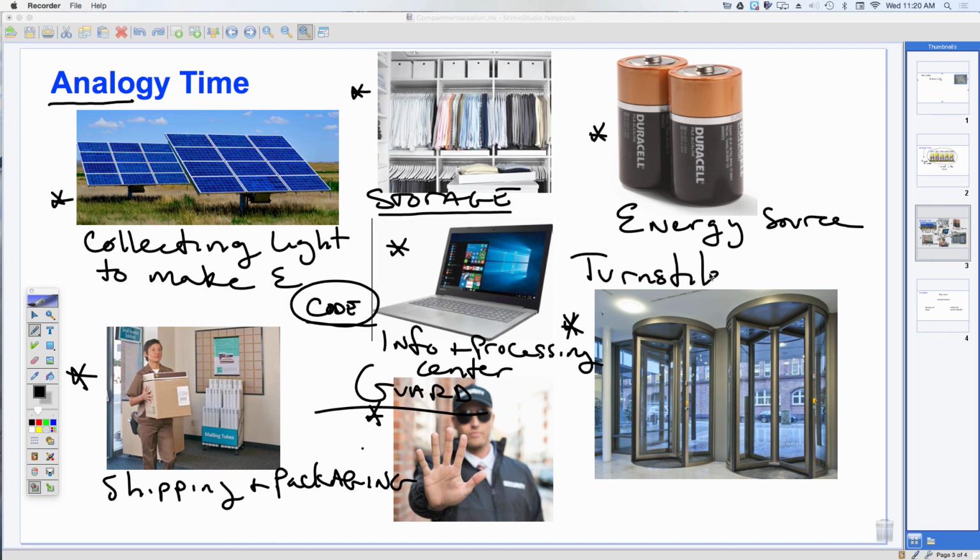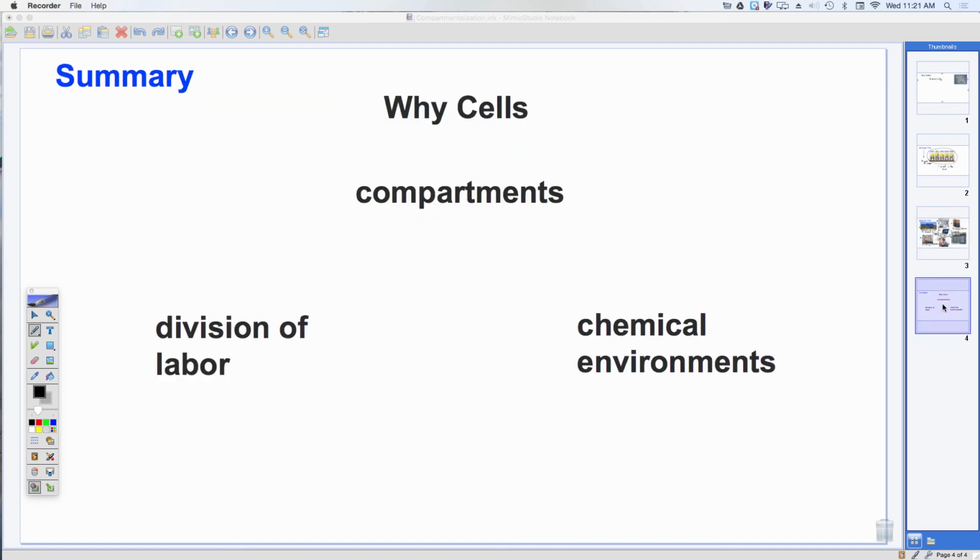And finally, we have a turnstile that allows people to go in and out of a building, and we have an organelle in cells that does this as well. And as a part of the closing of this lesson, you're going to be trying to figure out which organelles do which thing.